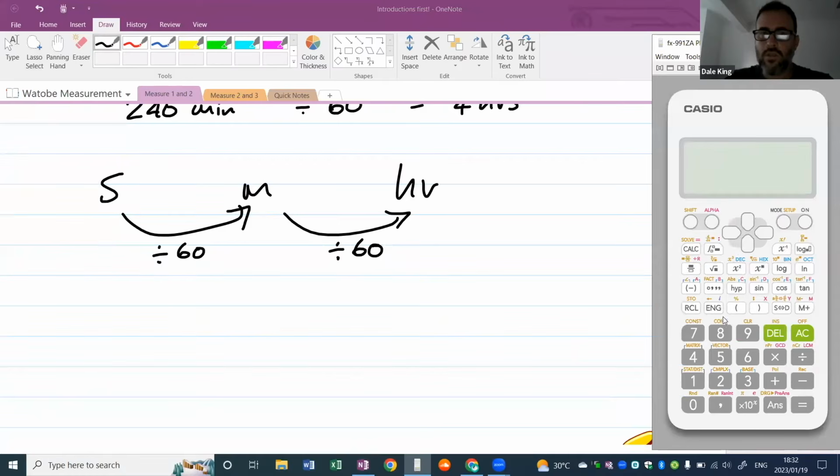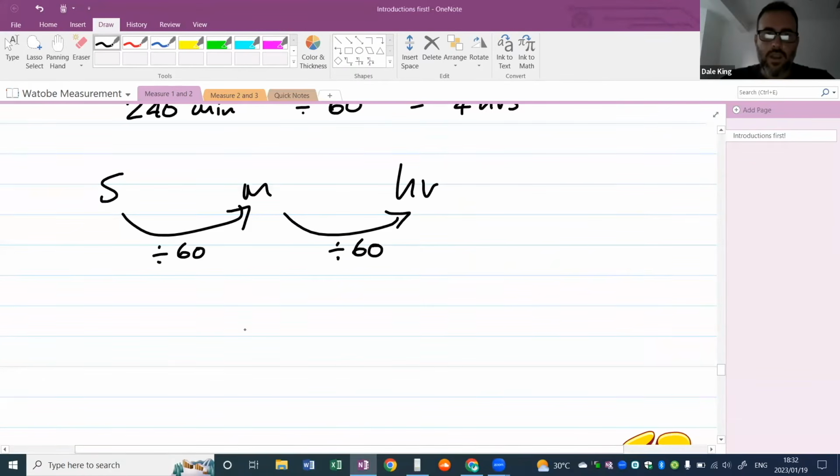Because you're dividing by 2 60s, or 60 squared. So what is 60 times 60? That's 3,600. So what that means is there are 3,600 seconds in 1 hour. So these two 60s, if you put them together, give you 3,600.